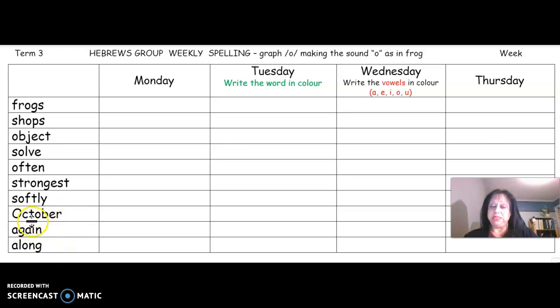So one of the months of the year has the sound of O right at the beginning, October.